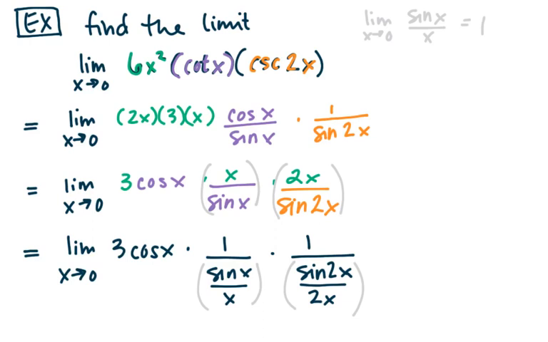Now, the limit of products is the product of the limits. The limit of quotients is the quotient of the limits, right? So I can break all of these into little pieces and look at evaluating them.